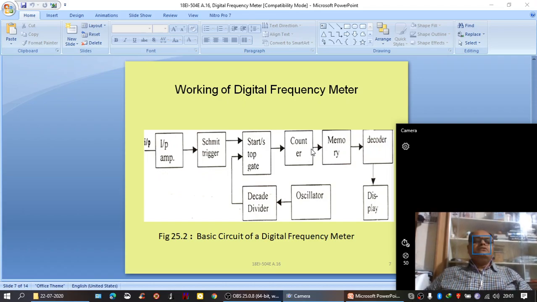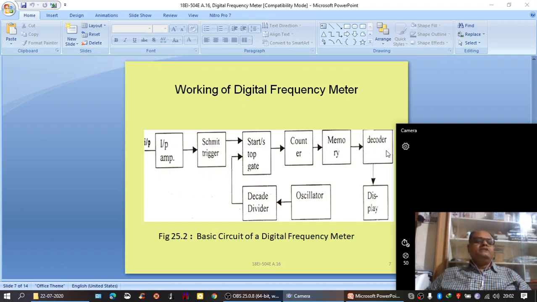Then the counter output is given to memory for storing the data, and it is given to the decoder. Here the counter output will be in the form of binary data, so through the memory device, the data is given to the decoder.